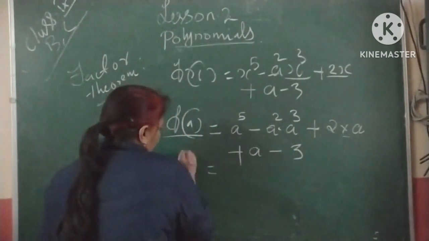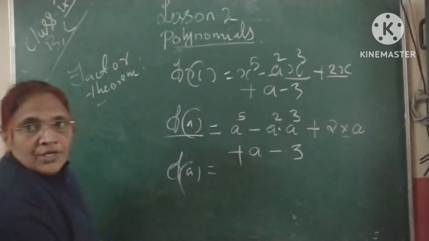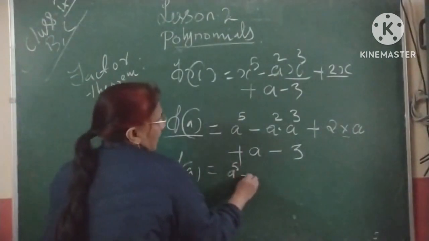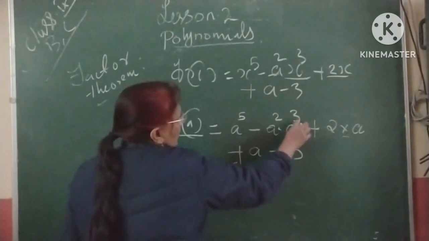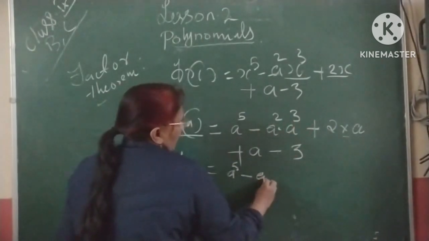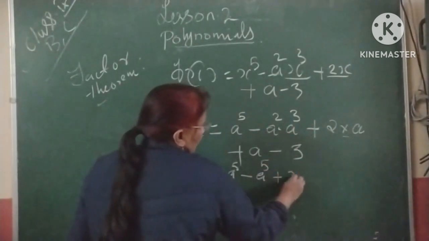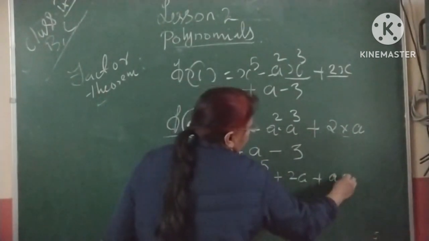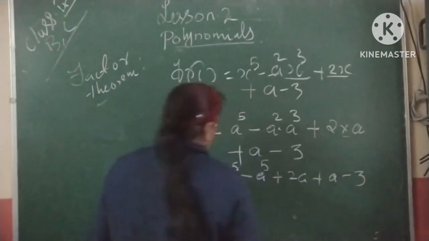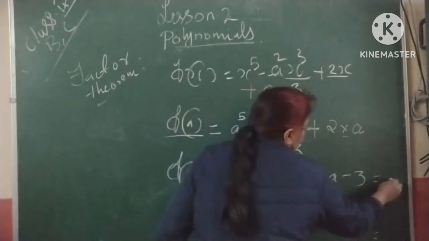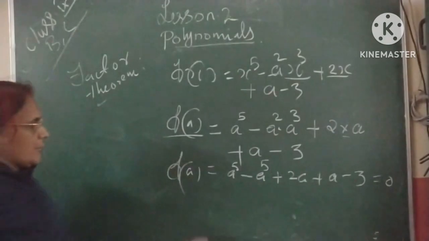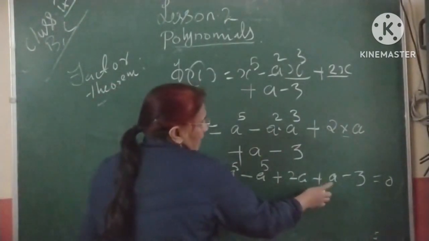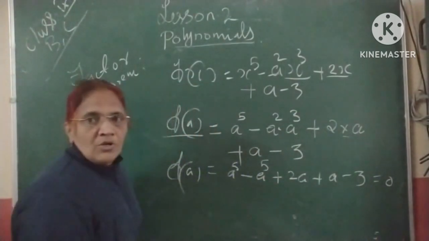f of a equal to a to the power 5 minus a to the power 2 into a to the power 3 plus 2 into a plus a minus 3 equal to 0.